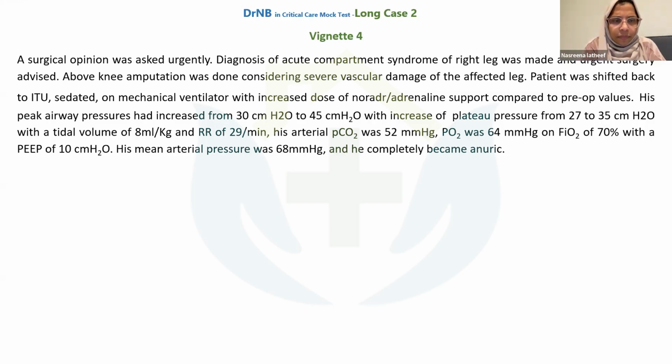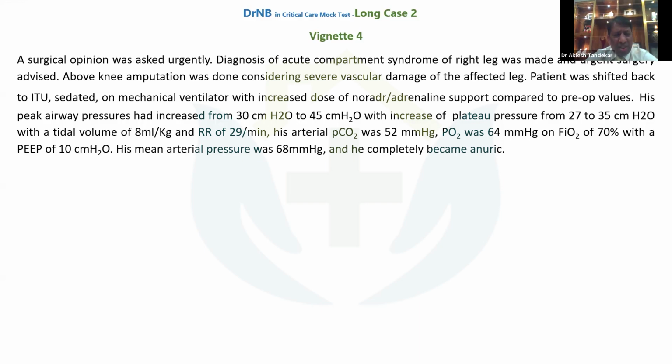Sedated and mechanically ventilated, but there was a persistently increased requirement of noradrenaline, higher than the pre-op values. His peak airway pressure started increasing from 30 to 45 centimeters of water, and the plateau pressure rose from 27 to 35 centimeters of water.